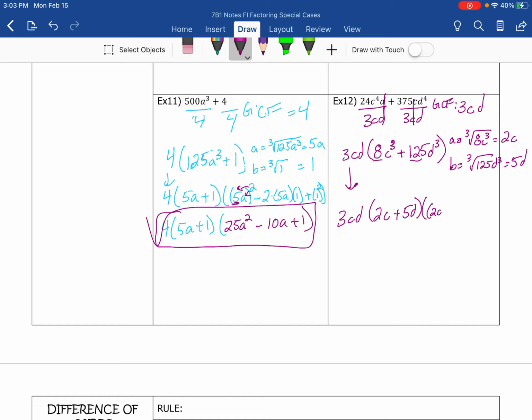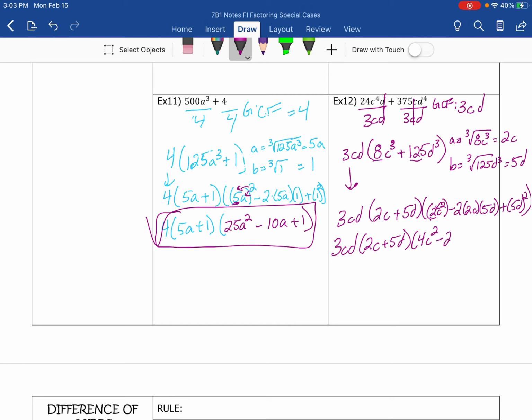It's going to be 2C plus 5D times the quantity 2C squared minus 2 times 2C times 5D plus the quantity 5D squared. And I remember this last part, so I have 3CD, and this is the 2C plus 5D.